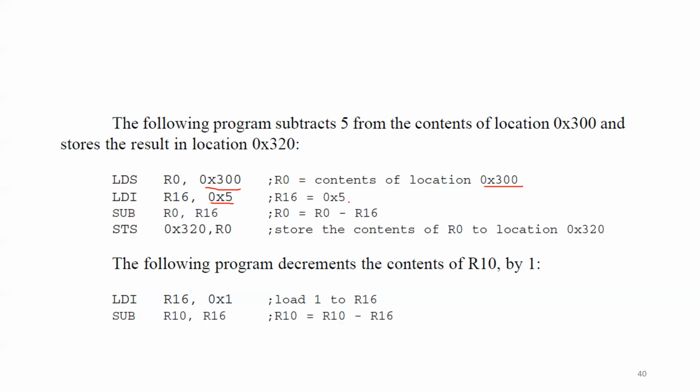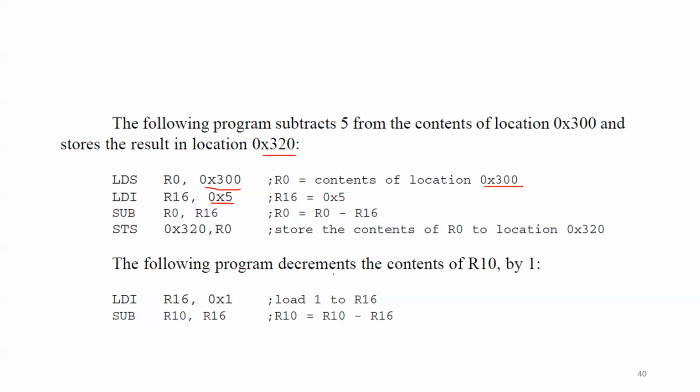We don't know the value inside 300, but now the sub R0, R16 would subtract the 5 hexadecimal from the value inside R0, and the result would be stored in R0. Then we move R0 to 320 in order to return the result into 320. So this would be the program to execute this subtraction process.